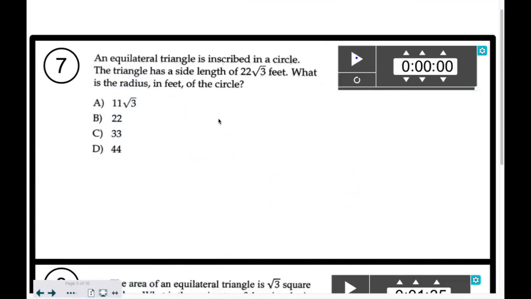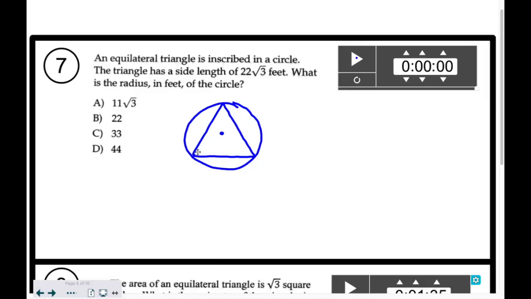Okay. So we have a circle and an equilateral triangle is inscribed in the circle, something like this. We'll say this is the center of the circle, and we're looking for the radius.